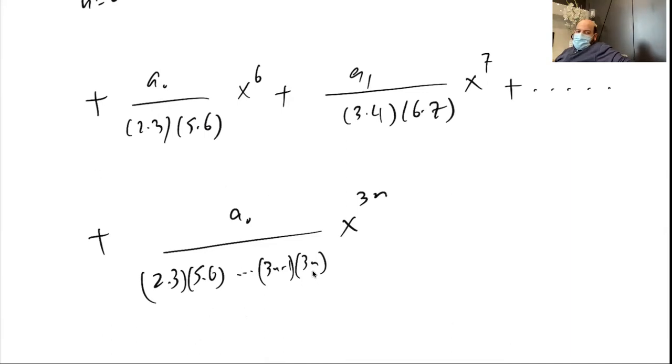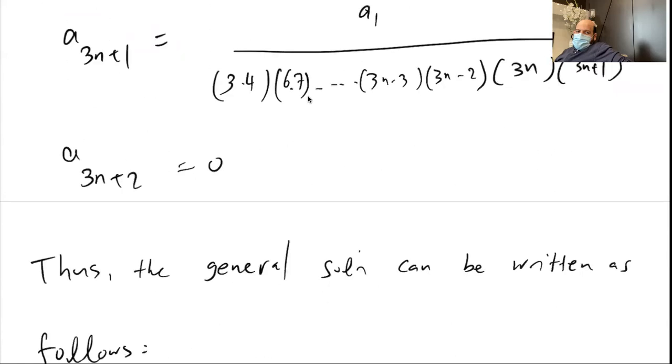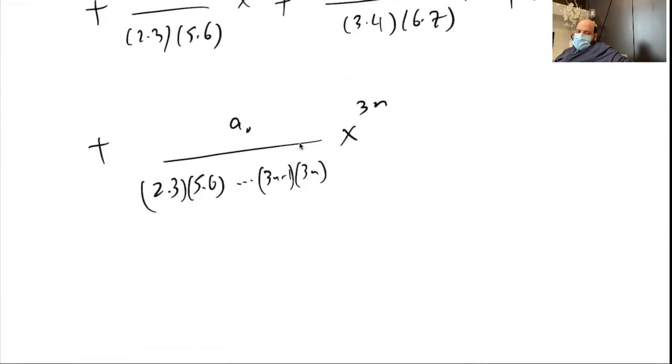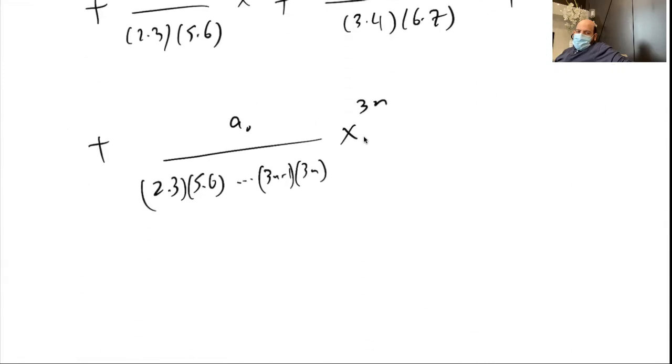This coefficient here is a3n, but I just saw what a3n is: a0 over this denominator. So I replace it here, a0 over that denominator, times x to the power 3n.